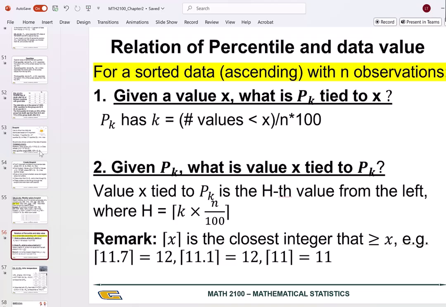But the ceiling of 11 is only 11. This is different from the round function, which rounds up only from the half. With this one, as long as you have a decimal, you round up.